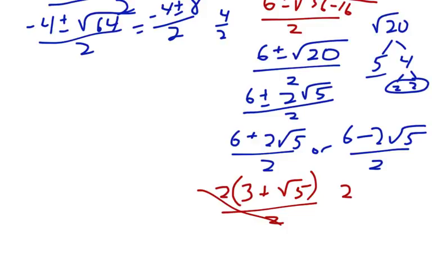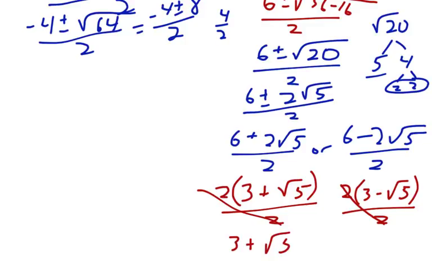So if you factor out a 2, you would get 3 minus square root of 5 all over 2. The 2's cancel. So it's just 3 plus the square root of 5 and 3 minus the square root of 5. All in set brackets. And you can leave it just like that since we don't have a calculator. Now I'm going to scroll back up and put that at the top.